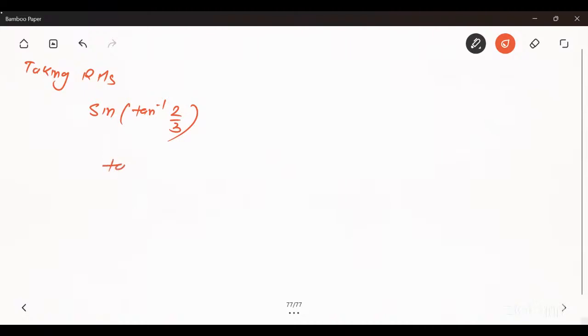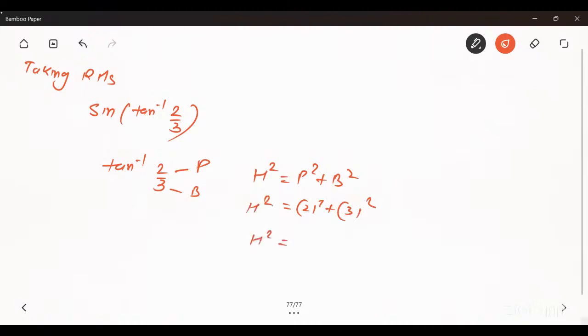So tan inverse 2 upon 3 means 2 is perpendicular, 3 is base. So hypotenuse square is equal to perpendicular square plus base square, which is 2 whole square plus 3 whole square. So hypotenuse square is equal to 4 plus 9. So hypotenuse is equal to root of 4 plus 9, which becomes root 13.